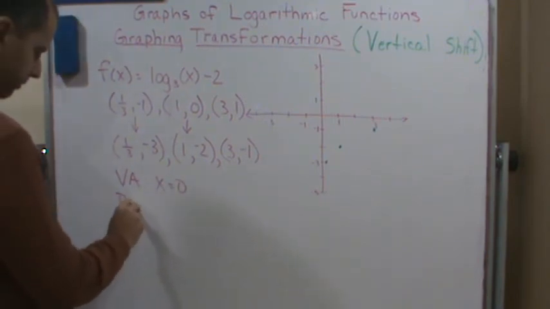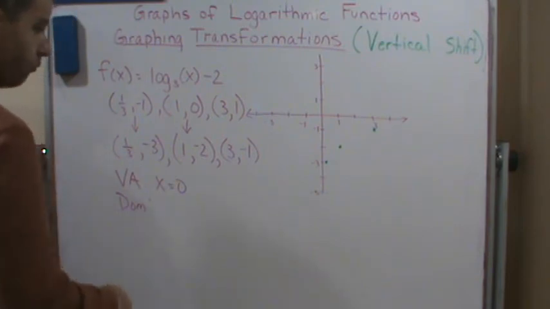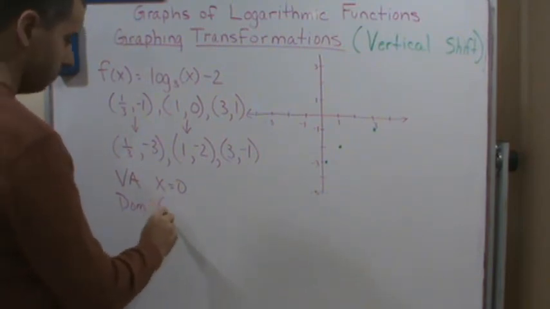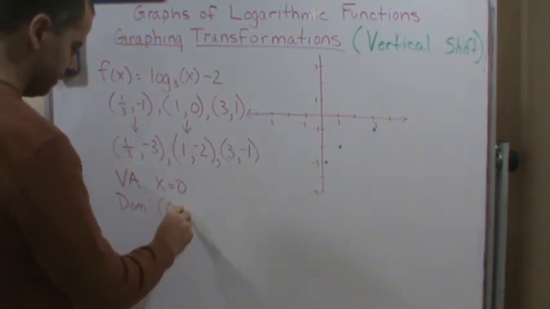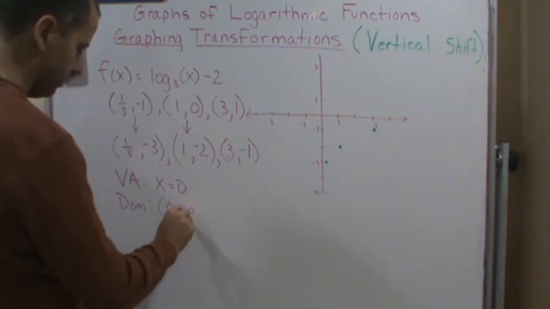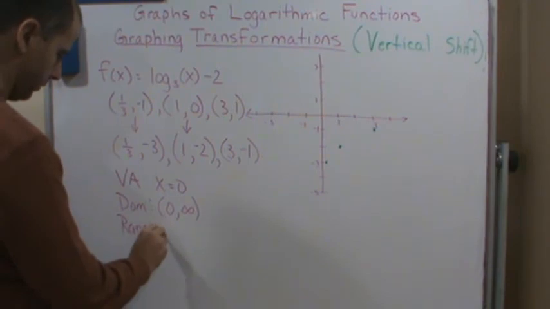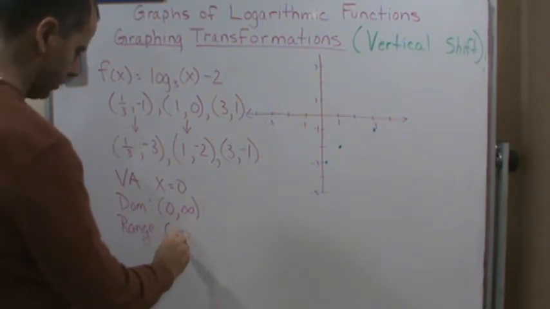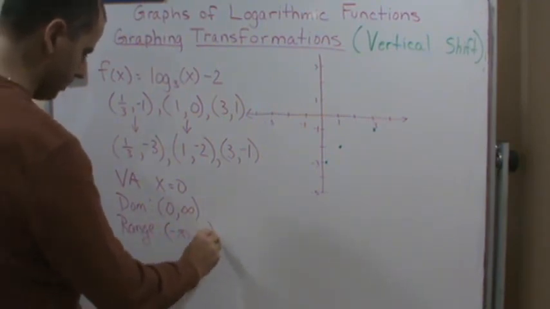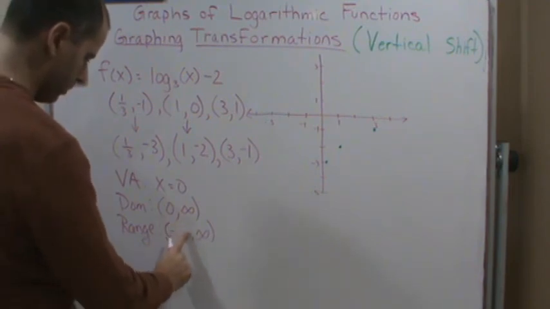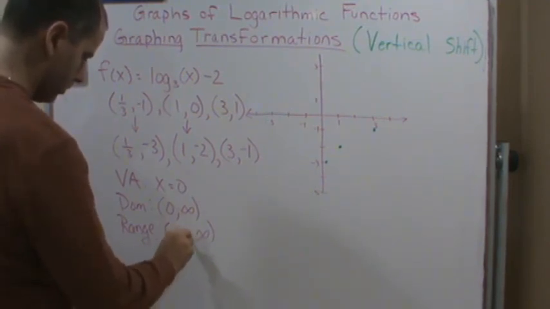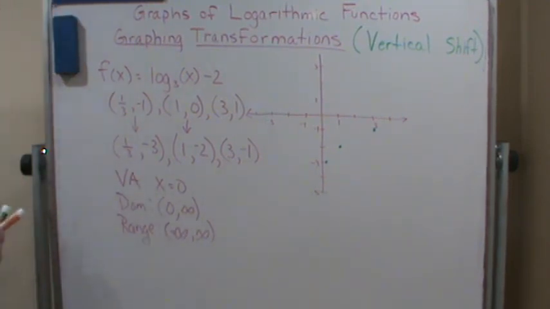The domain is 0 to positive infinity. And the range is all real numbers, so negative infinity to positive infinity.